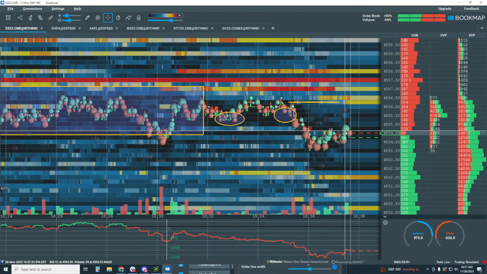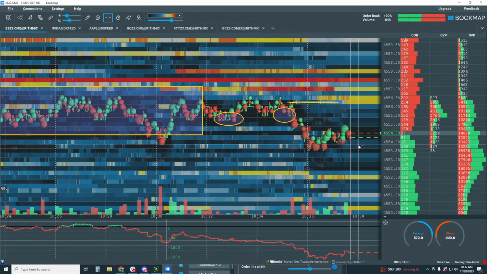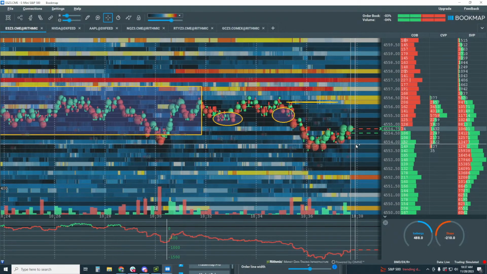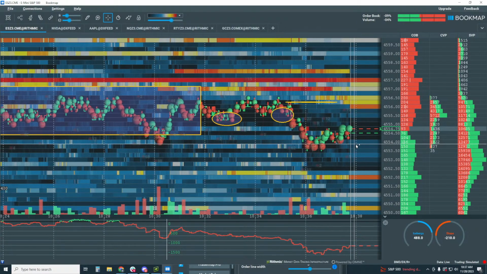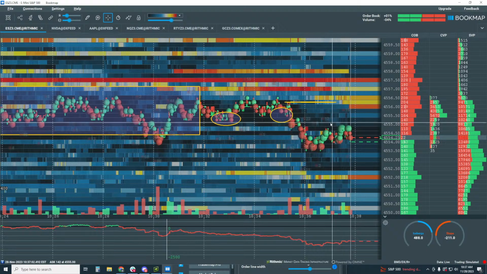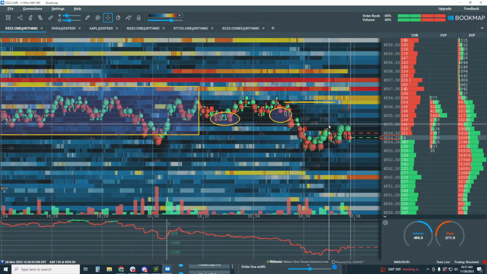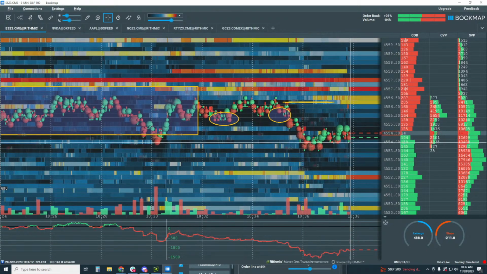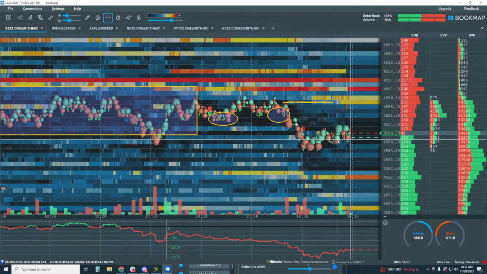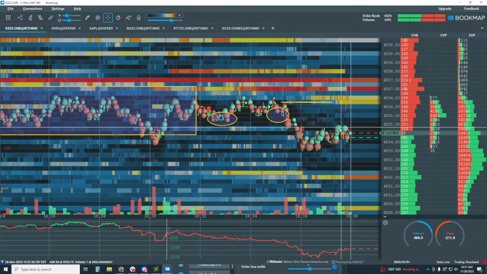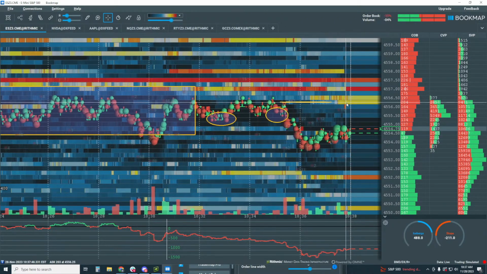And quite a bit of buying just popping in here. It's making it more convoluted, but still looking for our sellers to try to upend these new buyers that are just coming in here.